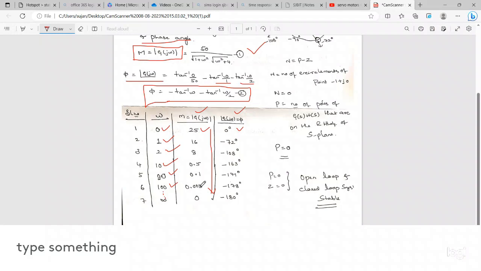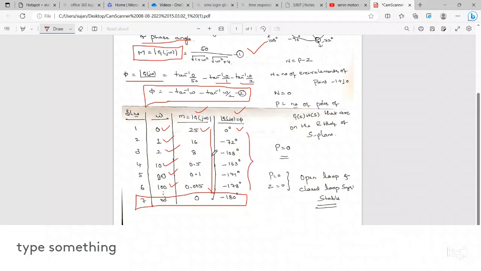Up to infinity, if we take random values of omega, it will definitely reach 0. The phase starts from 0 and goes down to minus 178 degree and so on. At infinity it will reach minus 180 degree. So finally, after having magnitude values near 0 and phase values near minus 180 degree, we can stop at this stage.